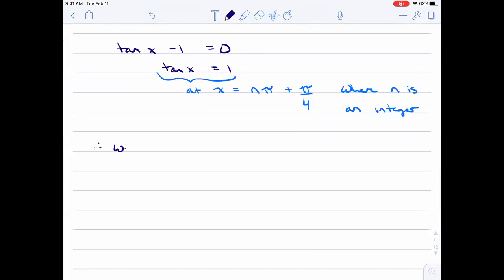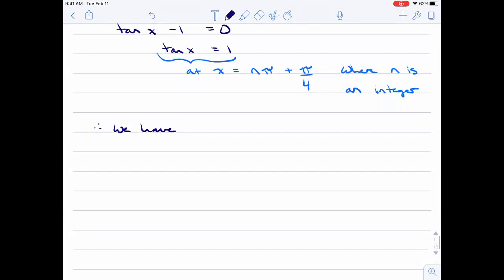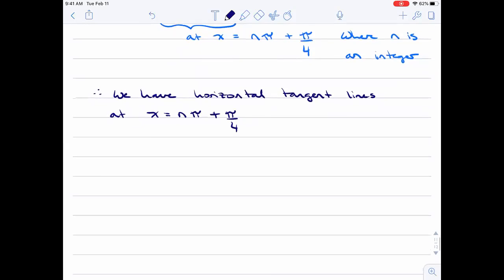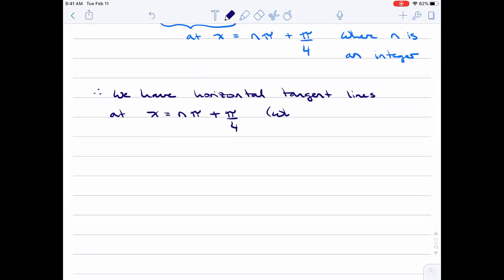Therefore, we have horizontal tangents, or horizontal tangent lines, at x equals n pi plus pi over 4. And I'll just add where n is an integer.